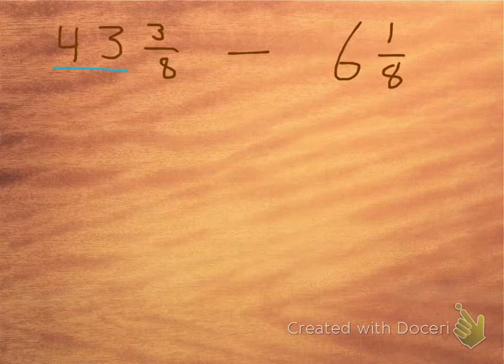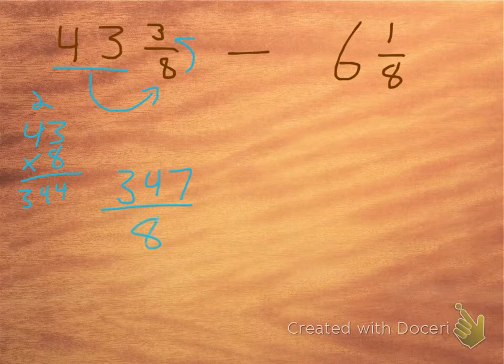So we need to say 43 times 8 plus 3. 43 times 8 is 344. 344 plus 3, you get 347 over 8.